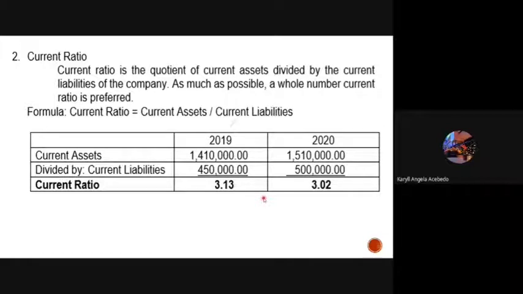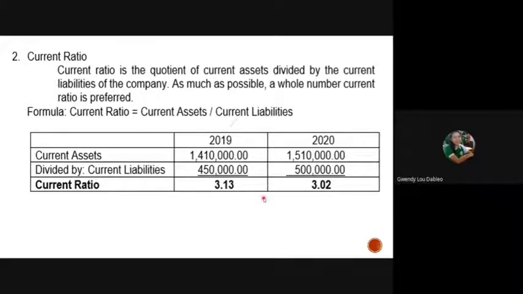Formula: current ratio equals current assets divided by current liabilities. So this should not be forgotten. It is very simple to familiarize. From the word current ratio, of course, you will only get the quotient of both current assets and current liabilities.